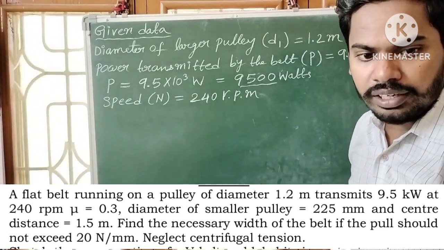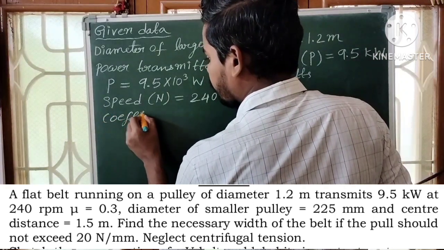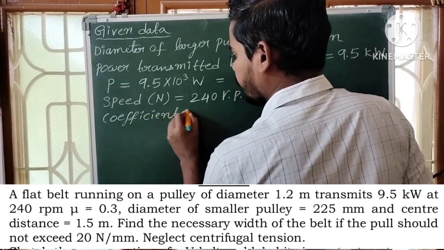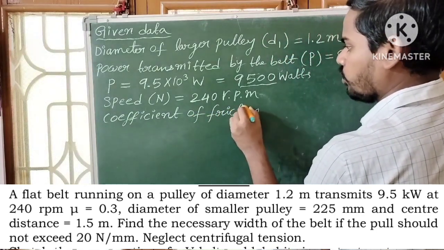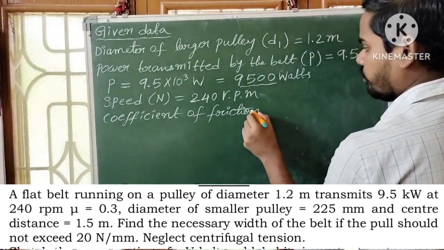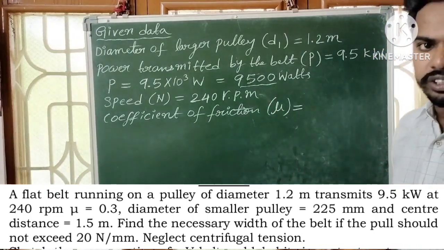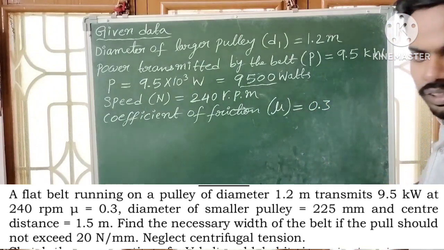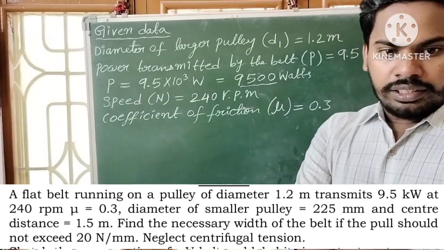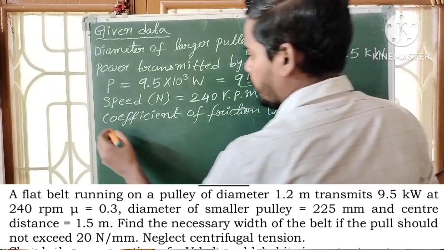Next, the given coefficient of friction between pulley and belt, mu is equal to 0.3. The diameter of the smaller pulley is 225 mm.